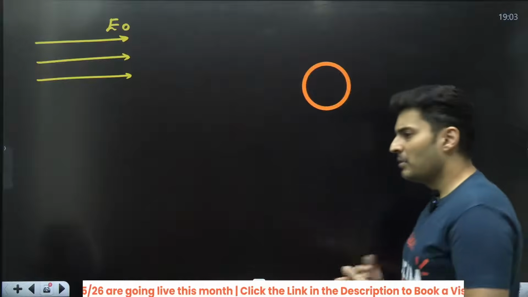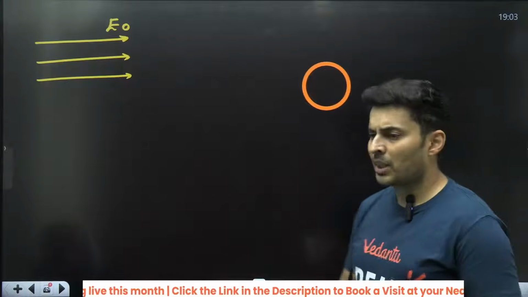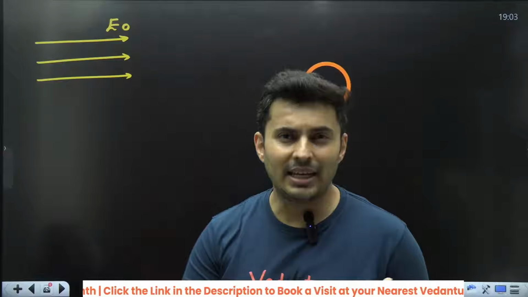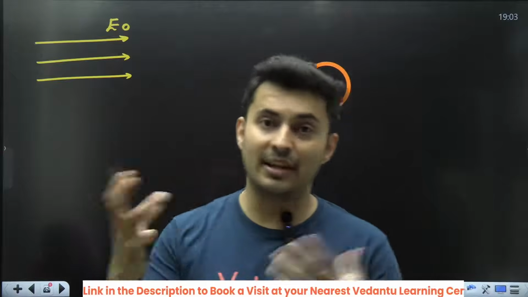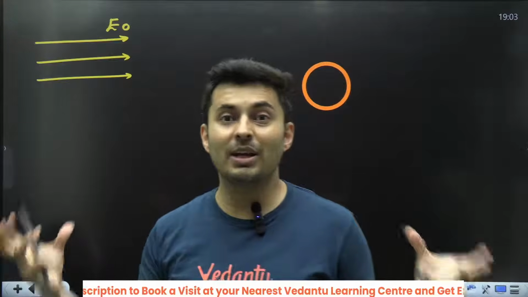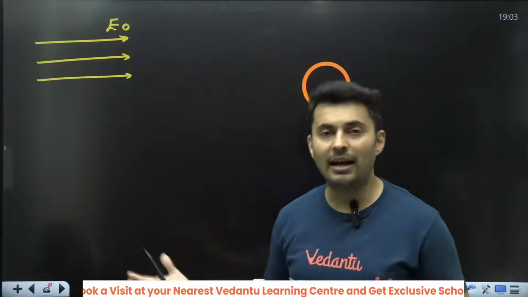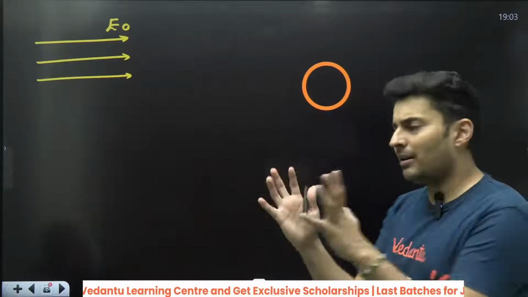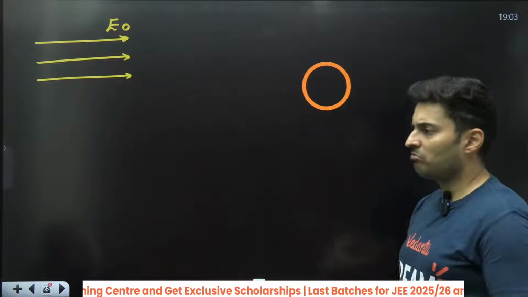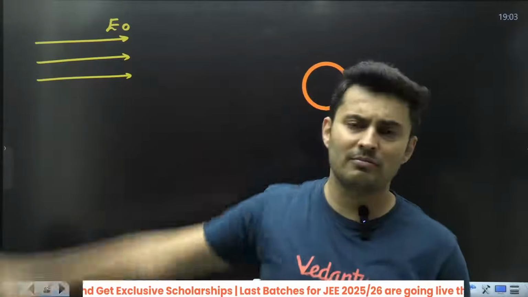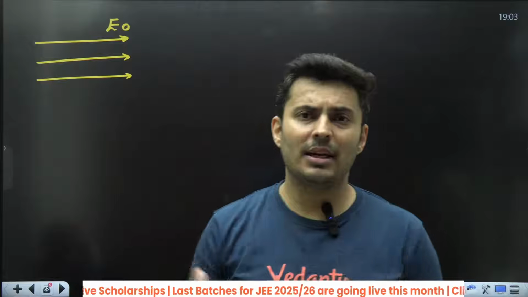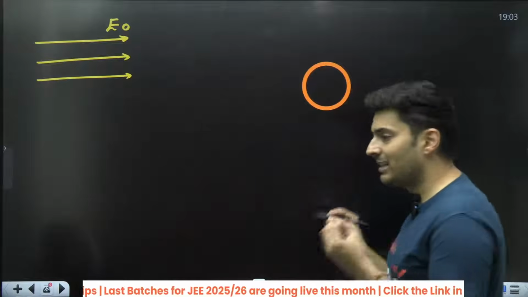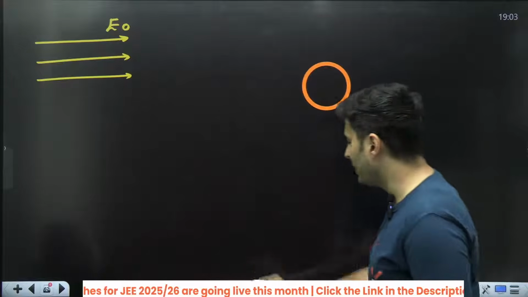Maybe the electron cloud has shifted. Maybe it's a molecule where the electron cloud has been pulled, like in H2O, where the oxygen becomes more negative than the hydrogens. So in a molecule, or even for an atom, if there is some disturbance in the electron cloud, the positives and the negatives might not coincide with each other.